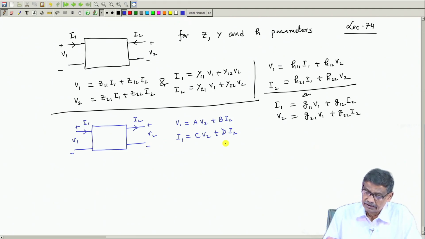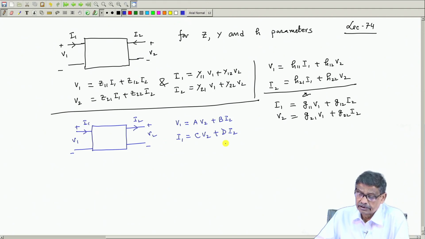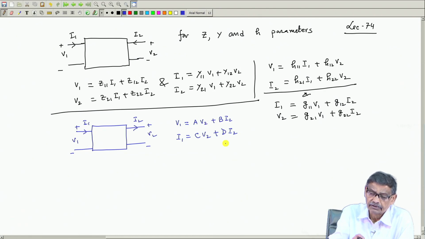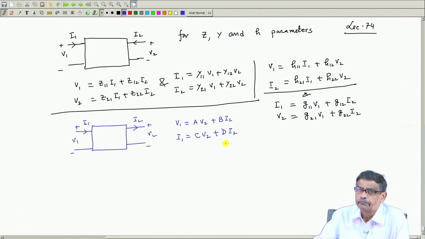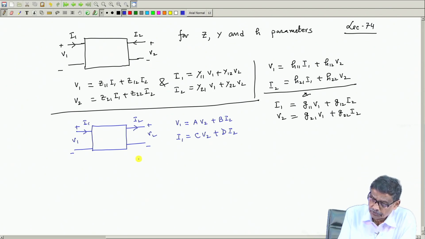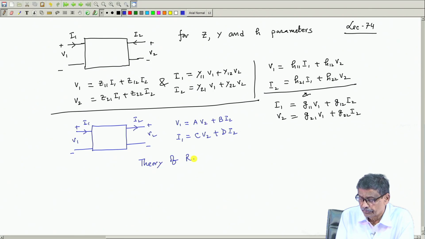Today, first I will tell you one important property. Because it is a linear and bilateral network, we know that the theory of reciprocity will always be true.